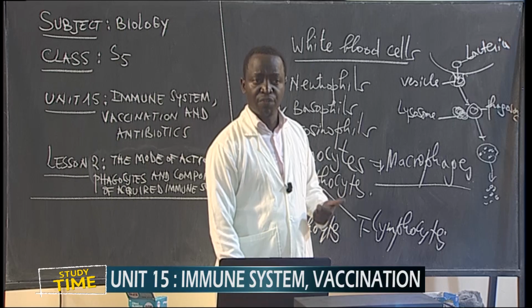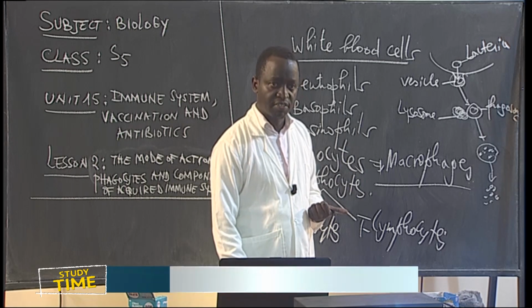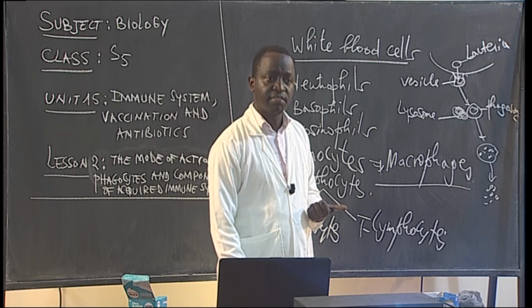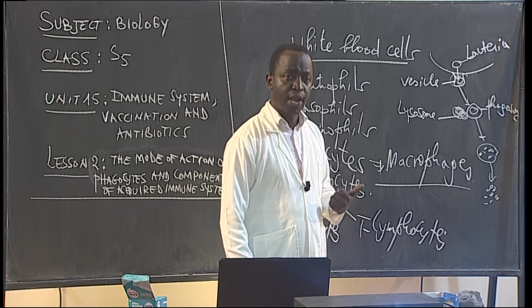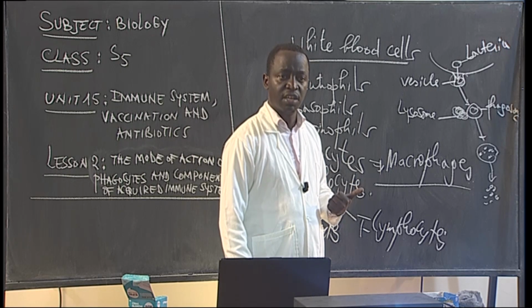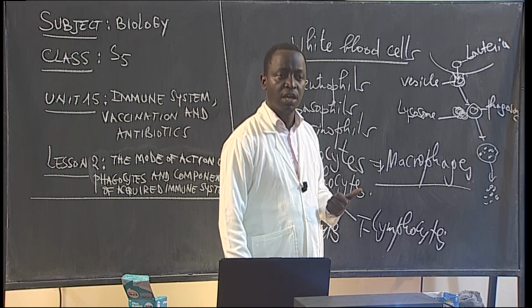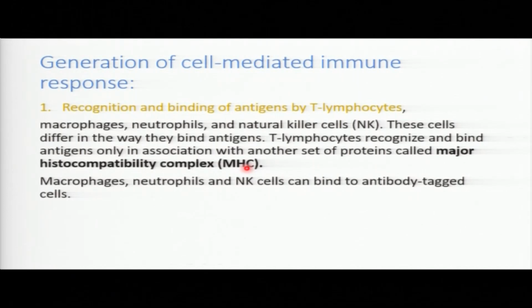We do have macrophages and neutrophils, and also the natural killer cells. These cells differ in the way they bind antigens. T lymphocytes recognize and bind antigens only in association with another set of proteins called major histocompatibility complex proteins.